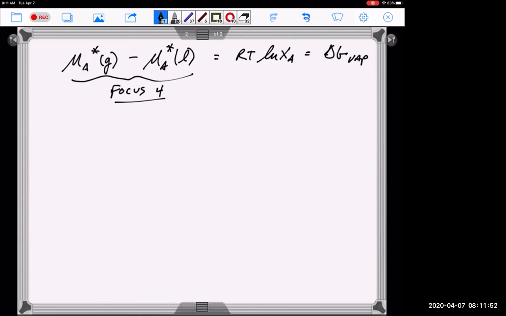And so if that's the case, then we can write what we did in focus 4, that the difference in chemical potentials is now equal to delta G of vaporization. And we're picking vaporization because of the phases involved of the liquid gas interface. And that the ln of XA equals delta G of vaporization over RT. All right, any questions so far before we continue?